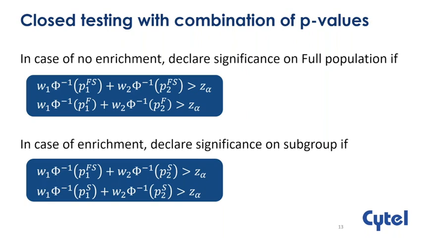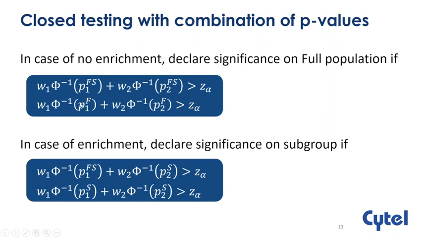In the case of no enrichment, we have these conditions to fulfill in order to declare significance in the full population, while in the case of enrichment, we declare significance in the subgroup if the bottom bubble holds. So here, by P1 of F and P1 of S, we denote the marginal one-sided p-values for the full population and the subpopulation, which are based on data observed only from cohort 1.